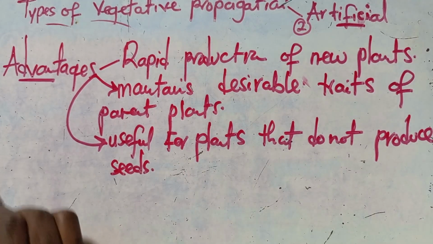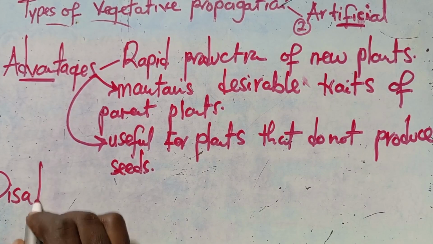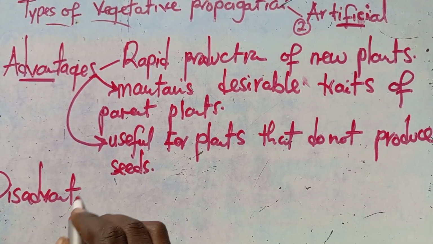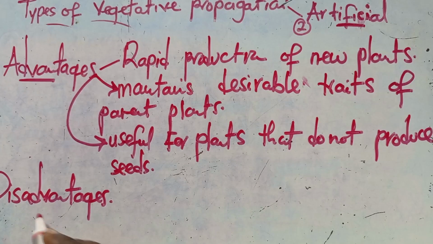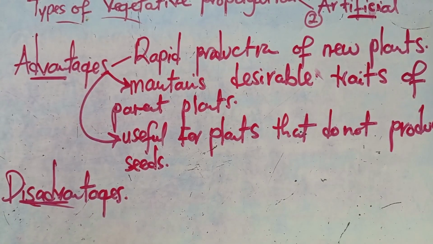So what are now some of the disadvantages? Where we've got advantages, we know that we've got disadvantages. If we have disadvantages, there must be advantages.